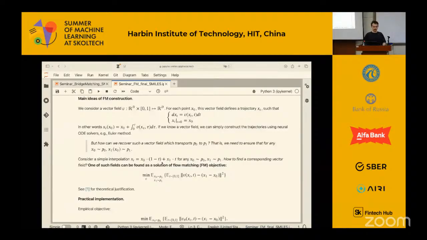So to wrap it up, you cannot use this at the inference stage because you don't have x1. If you could learn it, that would be great, but it is actually pretty hard to learn this x1, which will give this straight trajectory.